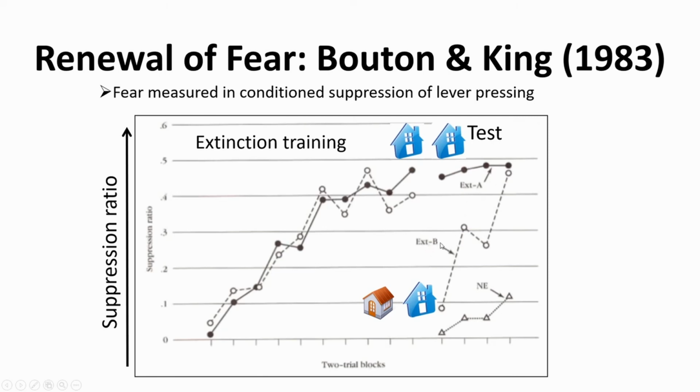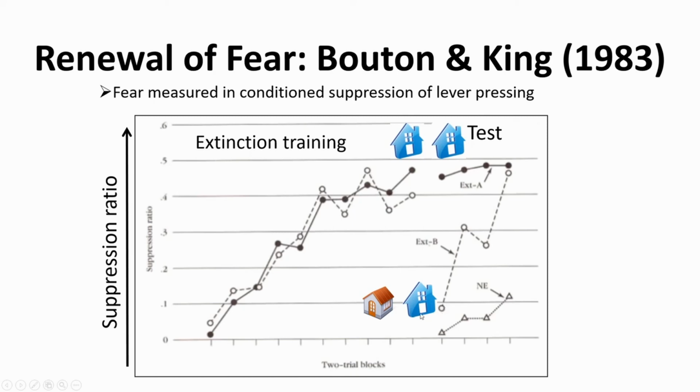The ones that experienced extinction in context B are the open circles. When they're brought back to A and tested here, we see that they go right back to very high levels of freezing. There's a lot of fear response here.